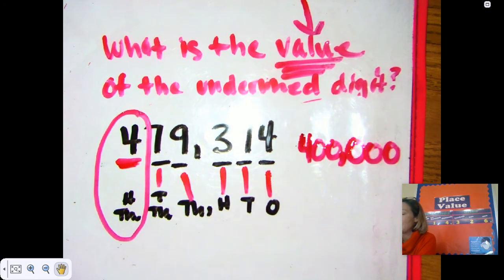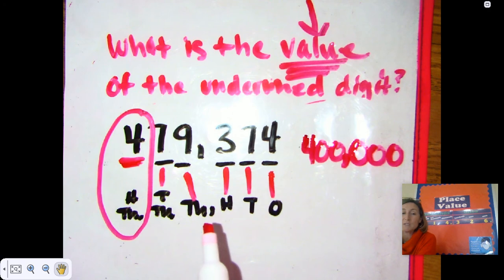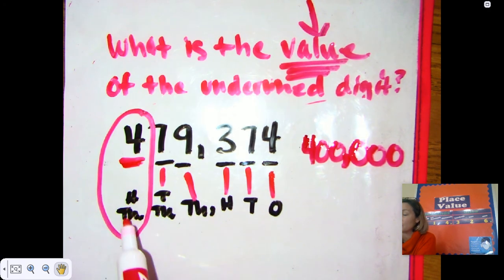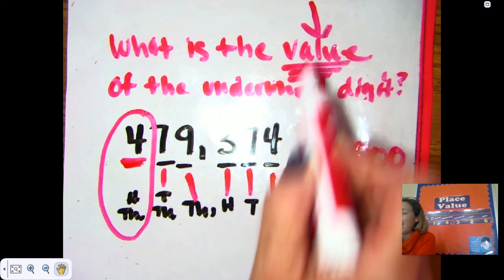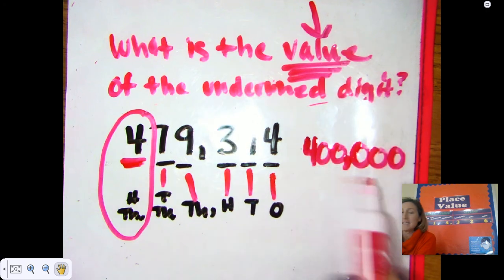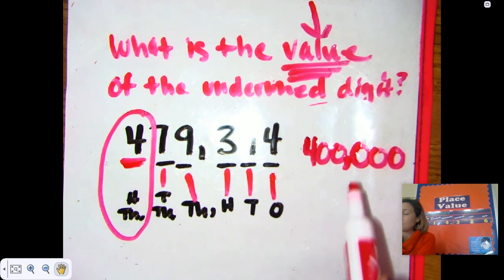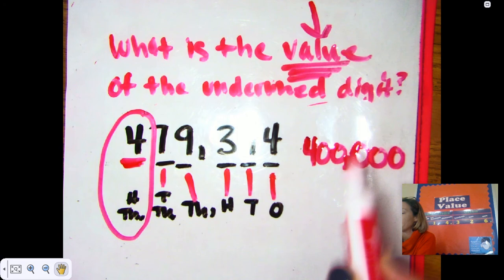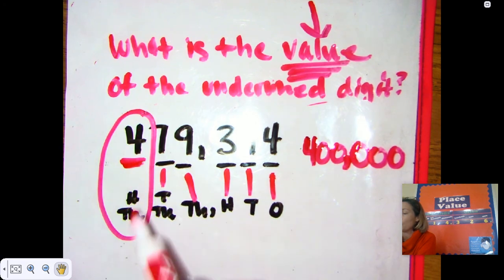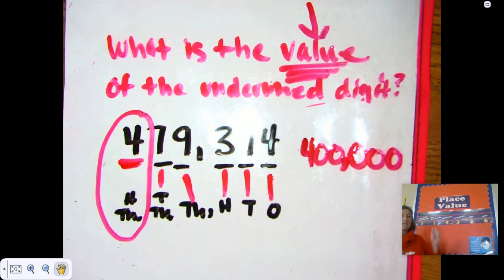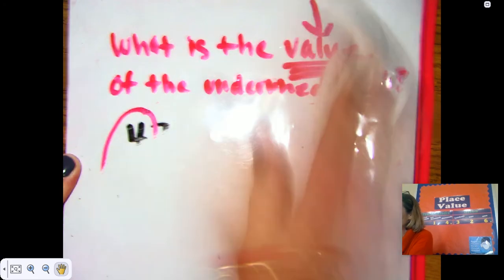Now, what place value spot would it be? The 100,000s, but the value is 400,000. So that's the big thing you want to remember. The value is how much it is worth, and the place value spot is where it falls on our place value chart.